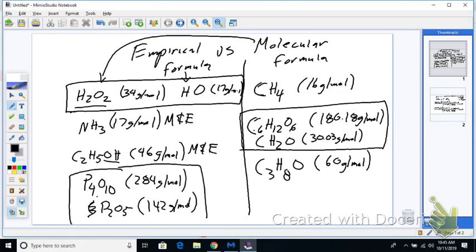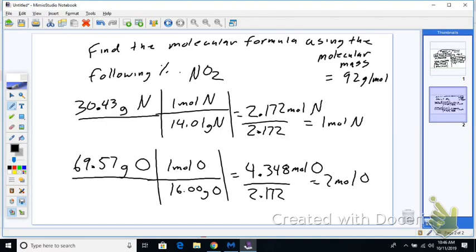Okay? Now, I haven't shown you any reasoning behind this, and so I'm going to have you give an educated guess and tell me what the molecular formula would be of a compound that has an empirical formula of NO2, and this is its molecular weight.